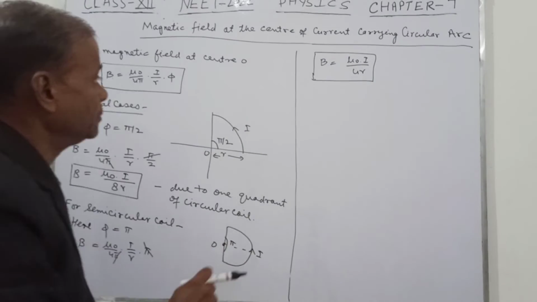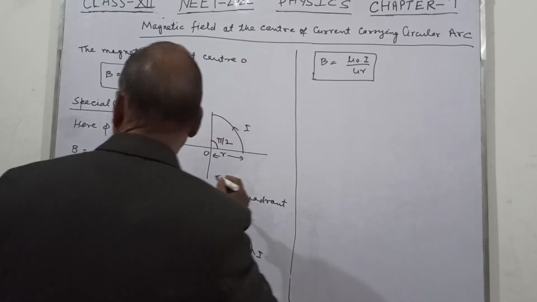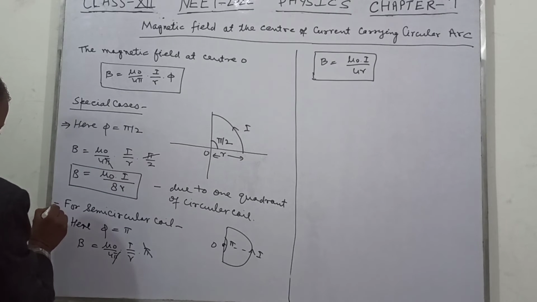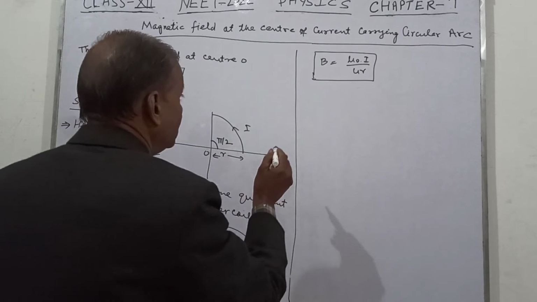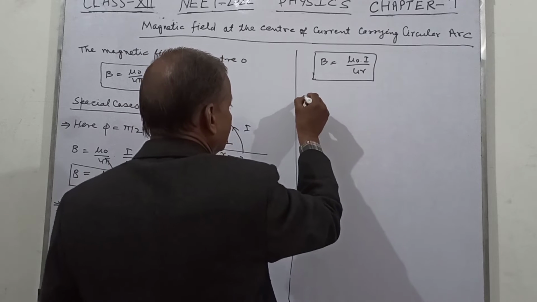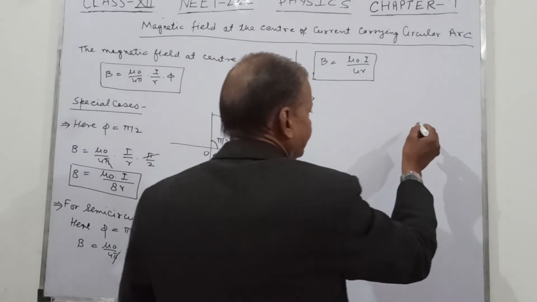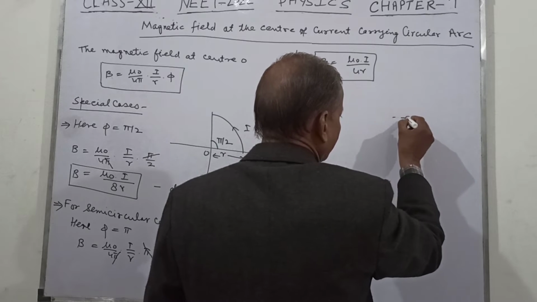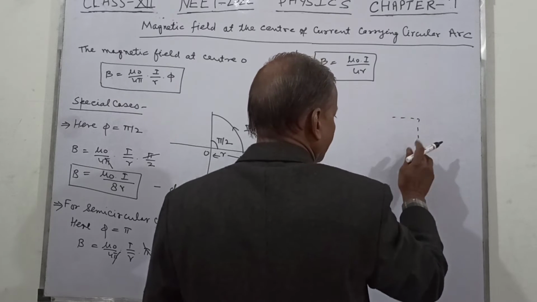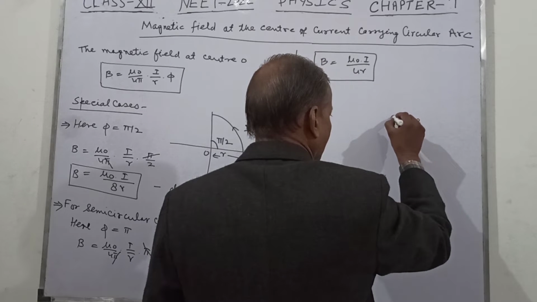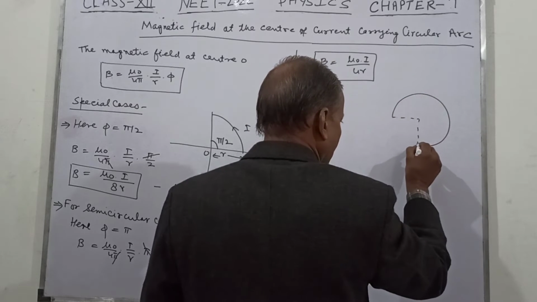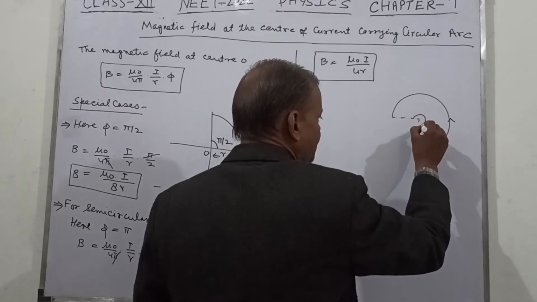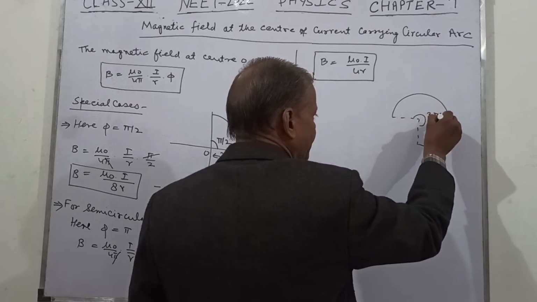If suppose the coil is in a different case, like this, this is the coil, then this angle is equal to 3 pi by 2.